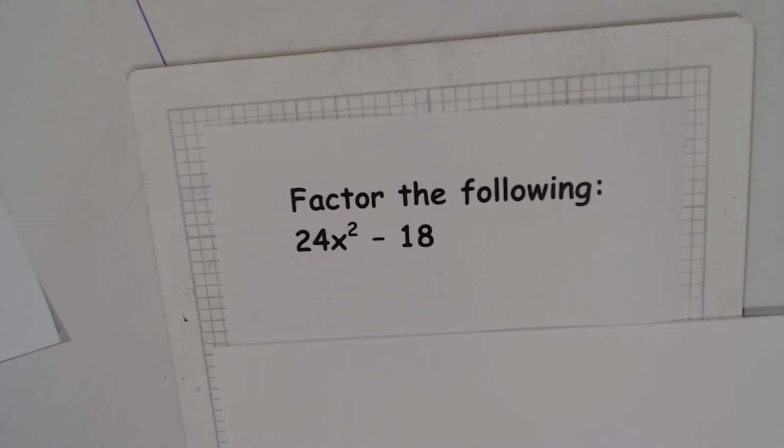They're both even. 4 won't go into 18. 4 will go into 24 6 times, but it won't go into 18. How about 6? Will 6 go into 24 and 18? 6 will go into both of them. Let's try 6.